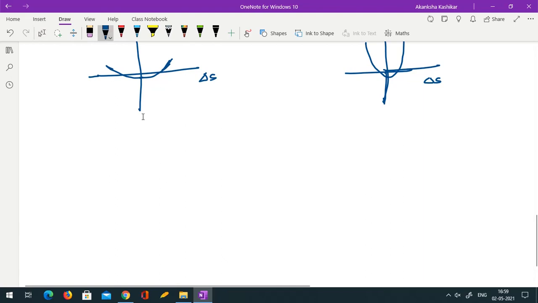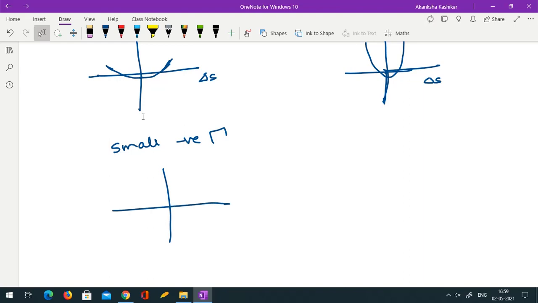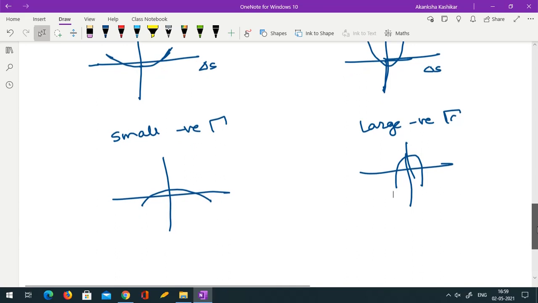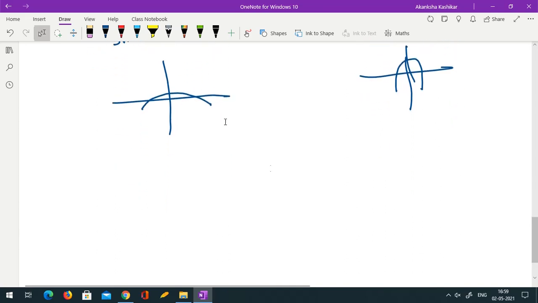So if you have small, slightly negative gamma, then you have something like this, and if you have large negative gamma, large in the sense magnitude wise large, but negative, then you have again sharp changes, so you have something like this. So this is how the relationship between change in portfolio worth and delta S looks like for different values of gamma.